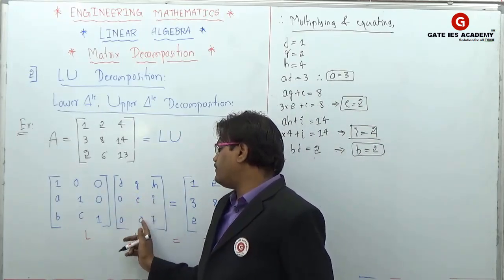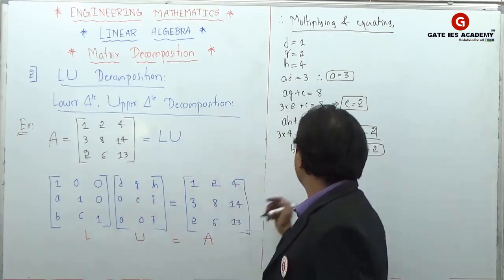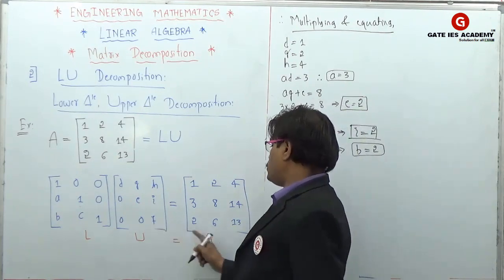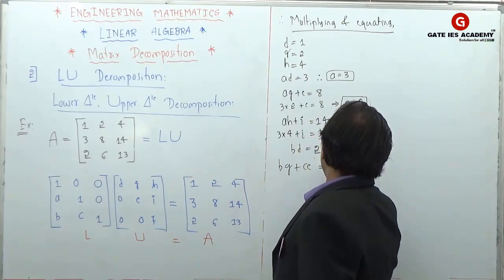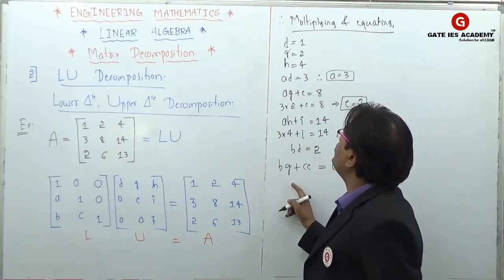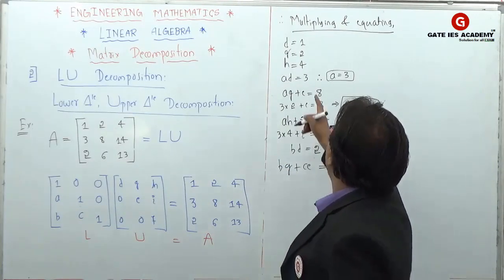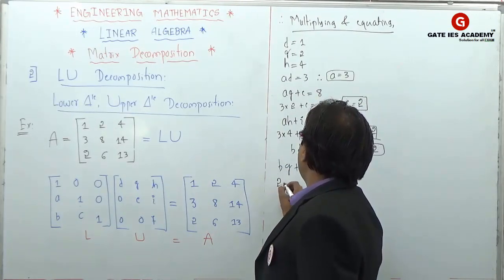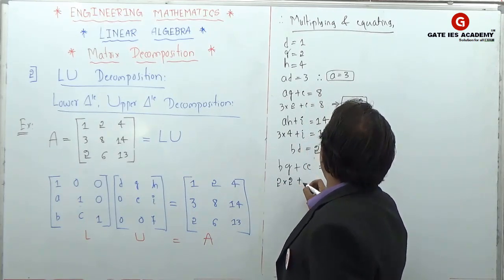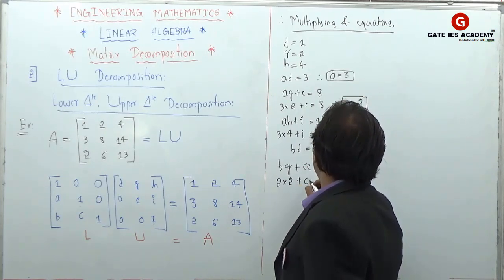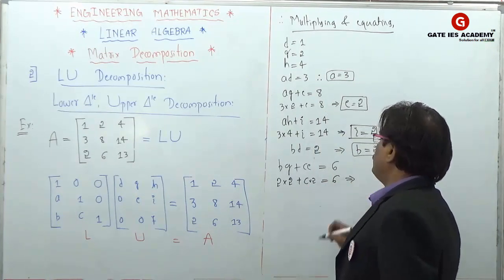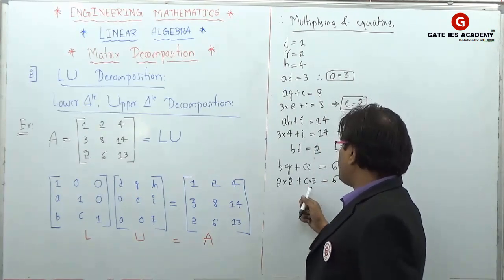That is BG plus CE, which equals 6. B is 2, G is 2, C is unknown and E is 2, so 4 plus 2C equals 6. Dividing throughout by 2, we get 2 plus C equals 3.